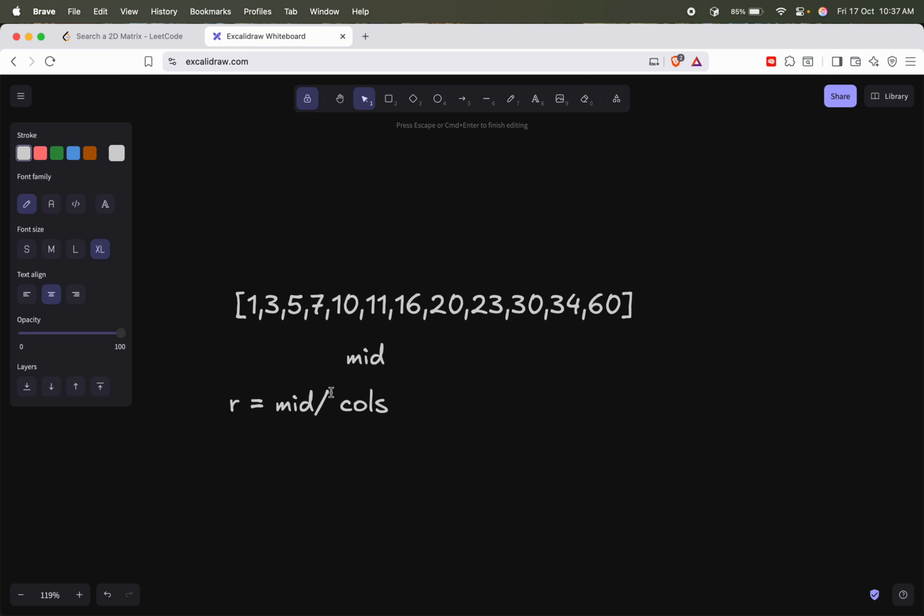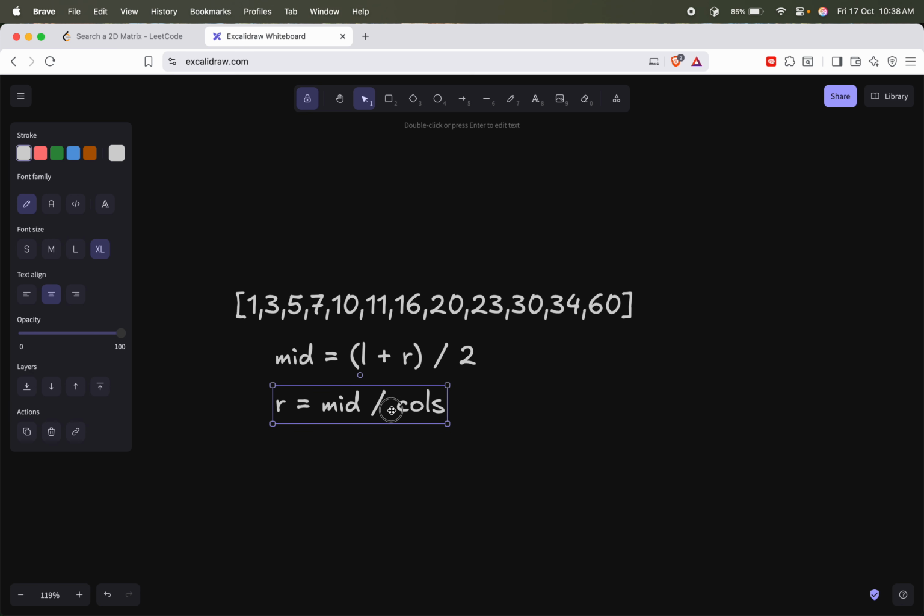Okay, where mid is actually left plus right divided by 2. Now that we have identified the row that mid belongs to, we should also identify the column which mid belongs to. We can identify the column by using the modulo operator, right?